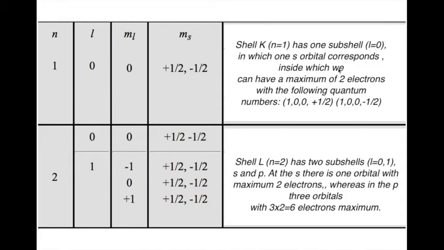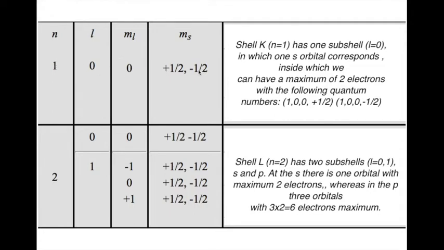How many electrons can we put in one orbital? We can put 2. Why? Because each electron must have its own unique set of quantum numbers. That is, if one electron has the set 1, 0, 0, plus half, the other must have 1, 0, 0, minus half.